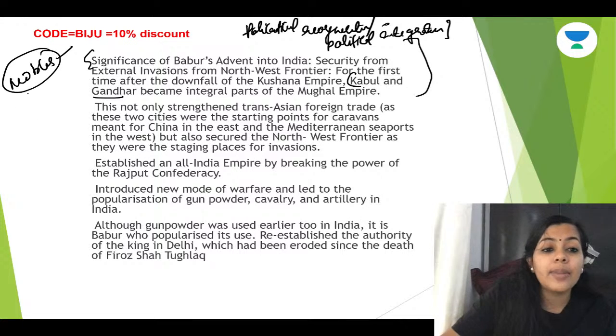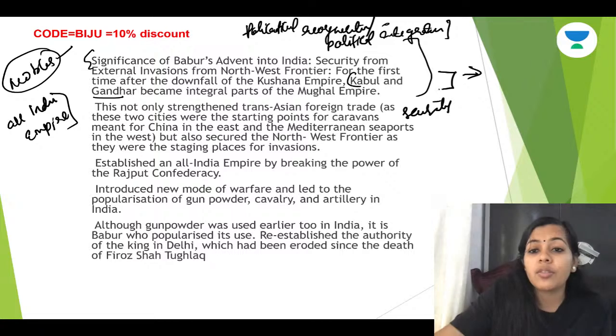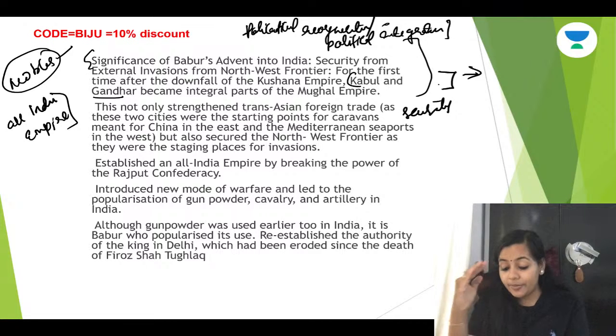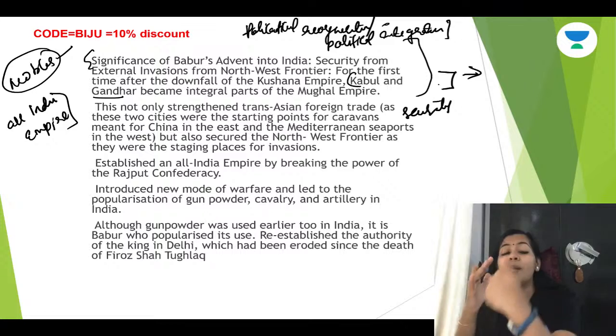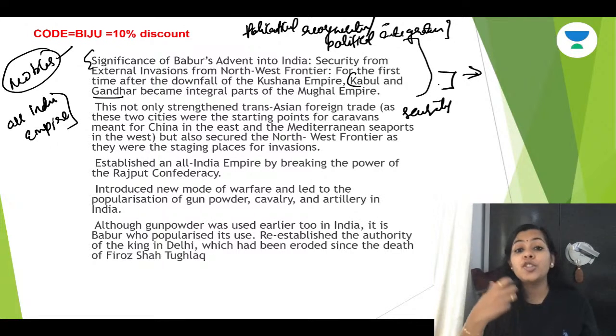It led to the establishment of an all-India empire. This political reorganization provided security from external invasion. Now onwards, when somebody from Central Asia attacks, he can stop them at Kabul or Kandahar, because both are part of the Mughal Empire.